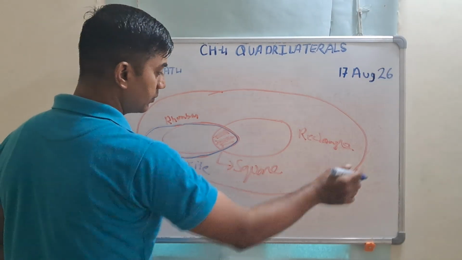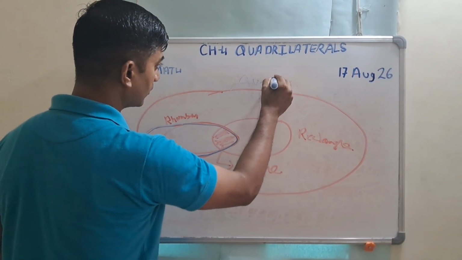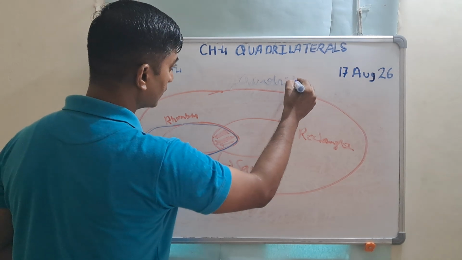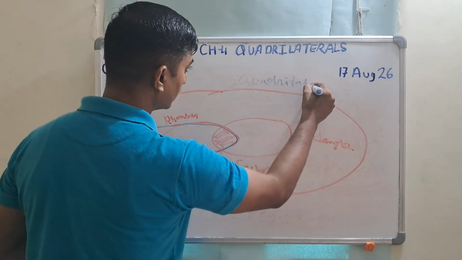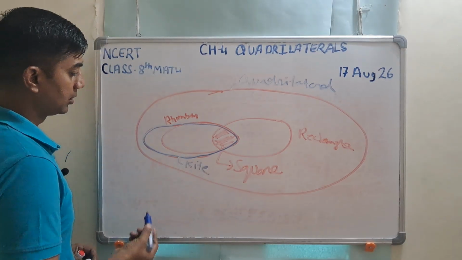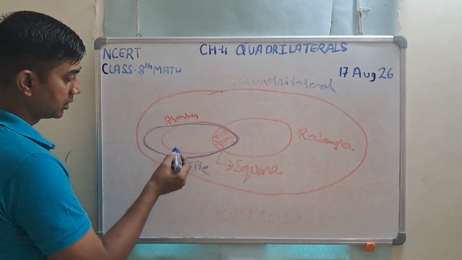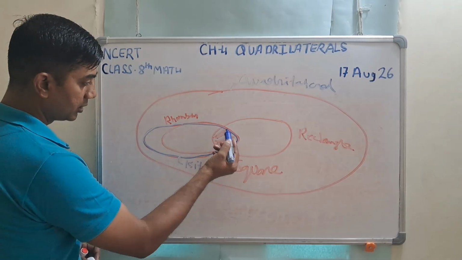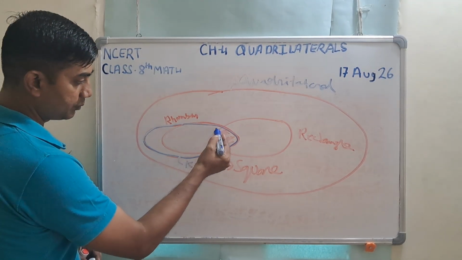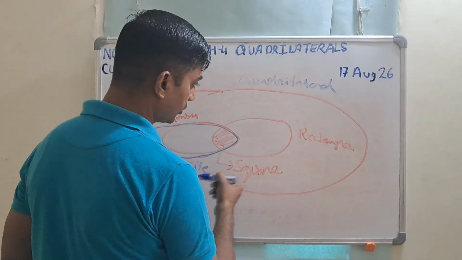And this complete diagram is quadrilateral. This complete set is quadrilateral, and this blue is showing kite, and this inner red is showing rhombus, and this intersection part is showing square, and this part is showing rectangle.